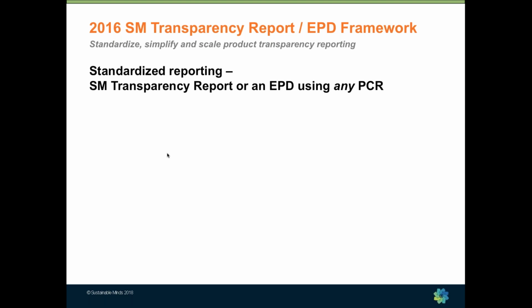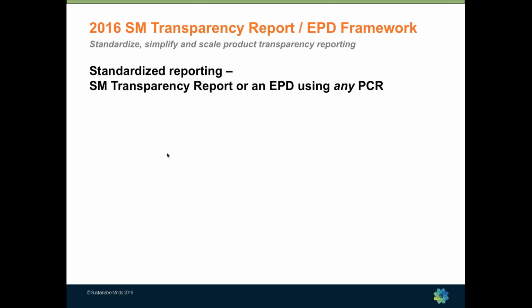And we said, and they should be able to make a transparency report from any PCR, not just a PCR created in our technical program, where the requirements for what goes into a transparency report are called out.